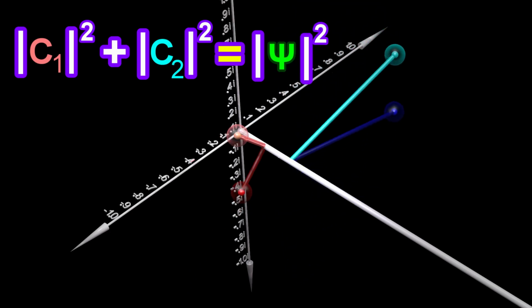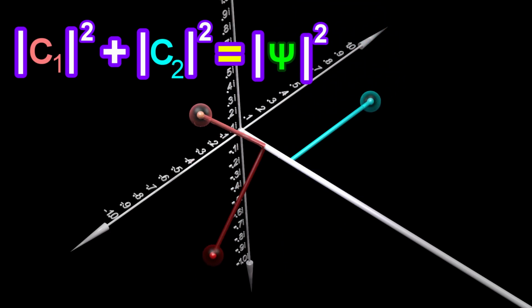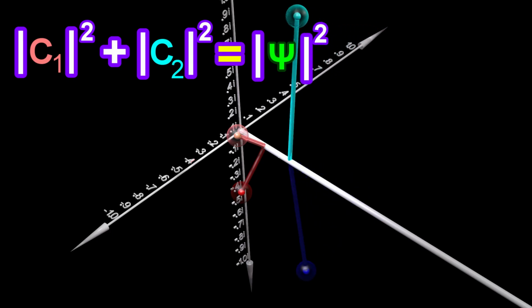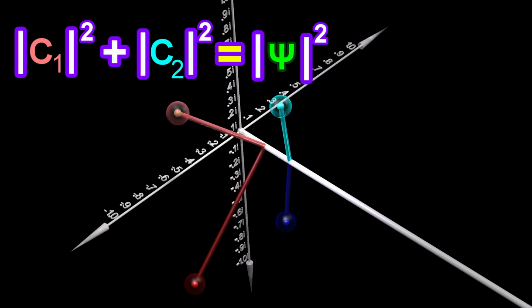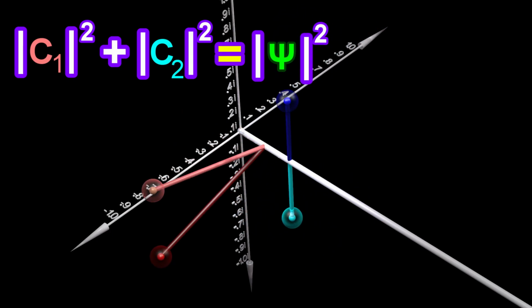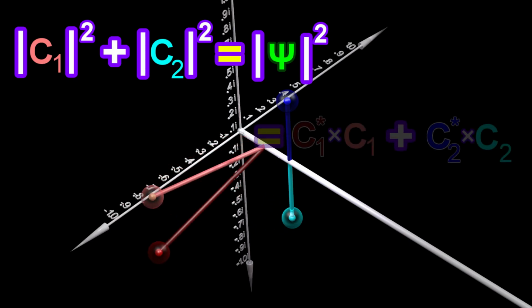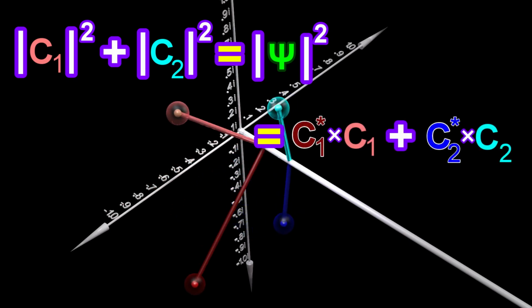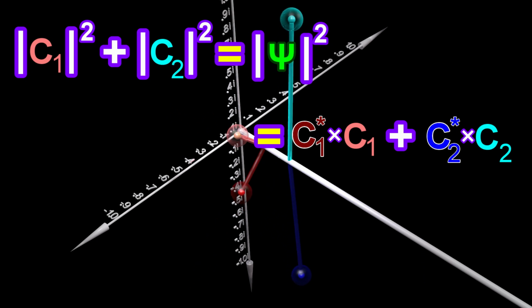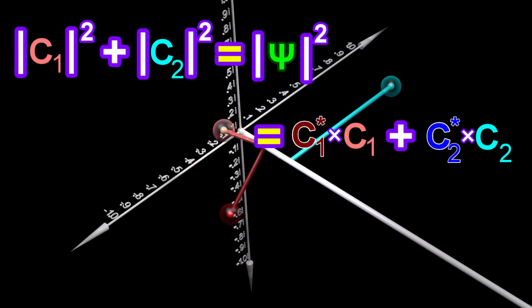The sum of the squares of the lengths of the red and blue lines is the square of the length of the total vector. Therefore, the square of the length of the total vector can be calculated through the following equation. We can mathematically represent this equation in matrix form as follows.